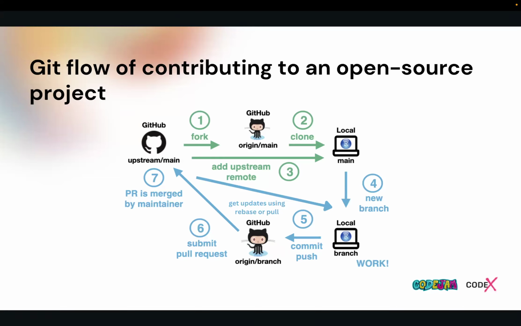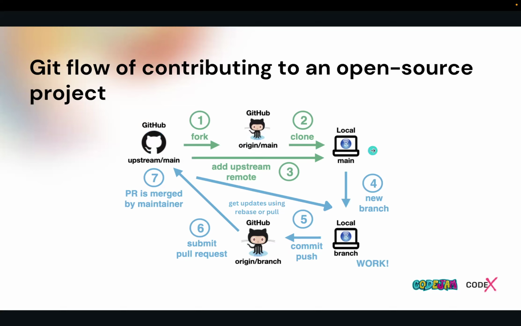You can take a fork from the main repository maintained by a third party, in the corporate world from your company, or in the open source world from any open source host maintaining a remote repository. So you can take a fork from that to your GitHub account, and then you have to clone that. This origin is basically your working copy of the actual open source project.